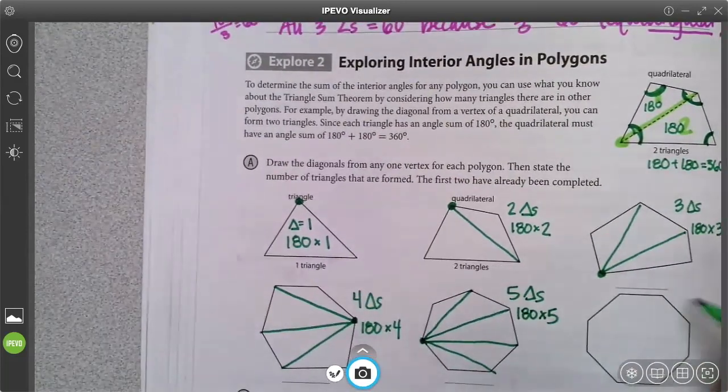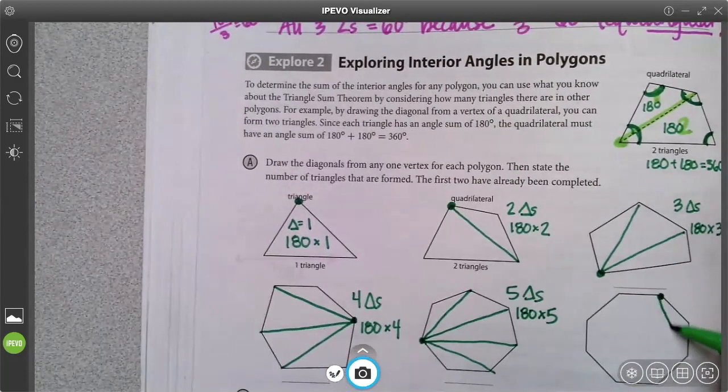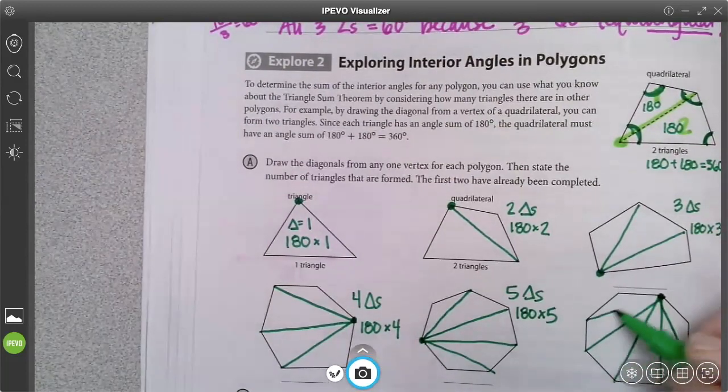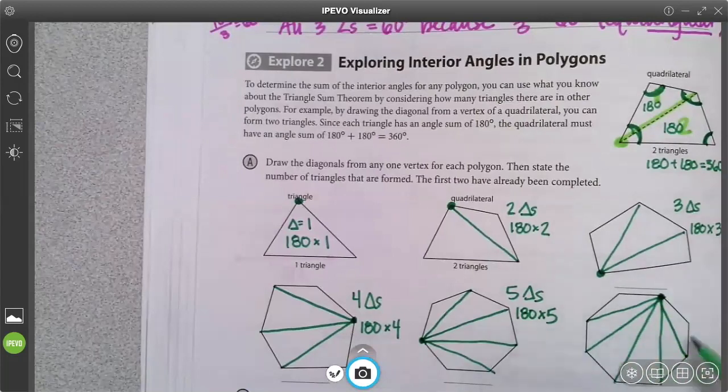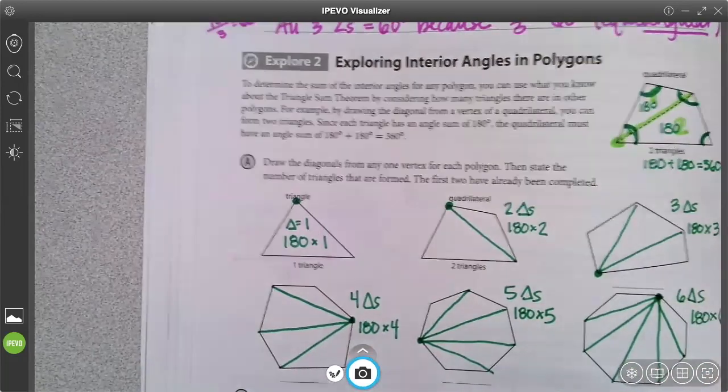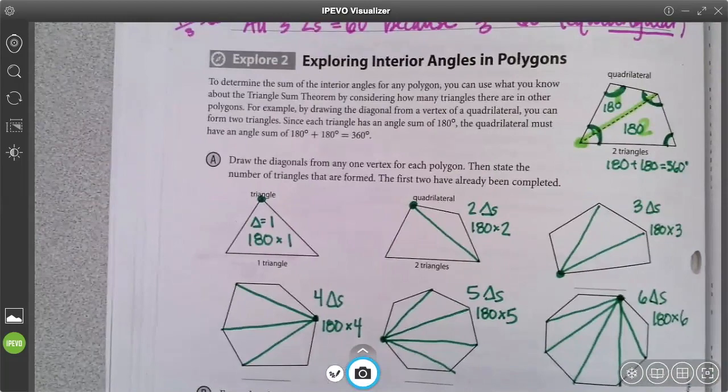Over here, pick a corner. I haven't gone this way yet. That one's good. We need a line there, we need a line here, we need a line here, need a line here, and a line here. Now we have all of our diagonals drawn. 1, 2, 3, 4, 5, 6 triangles, and 180 times 6 is the total number of degrees.